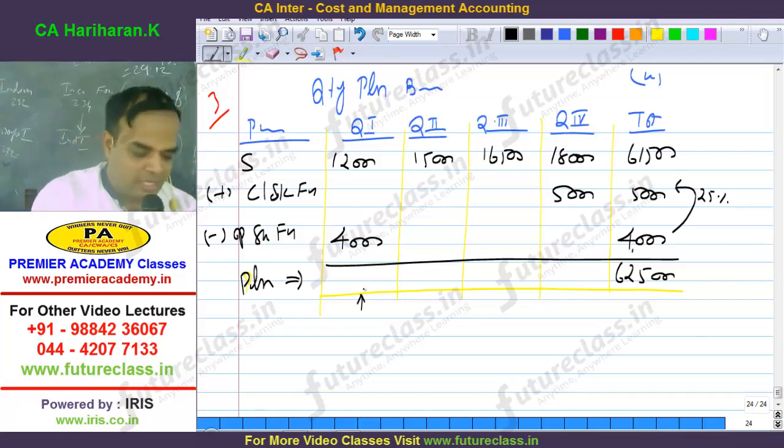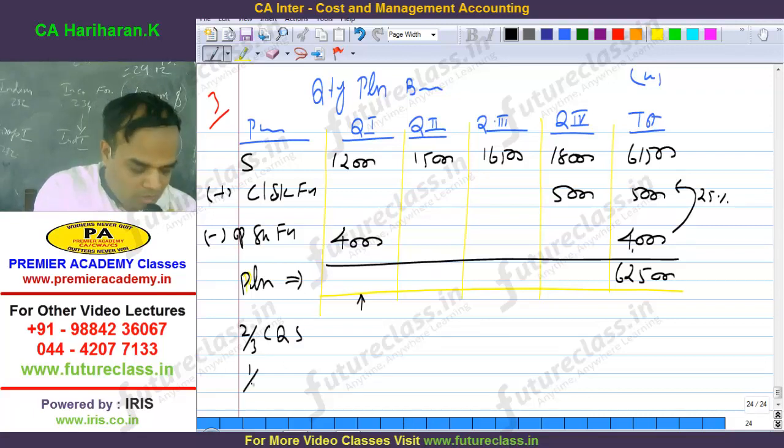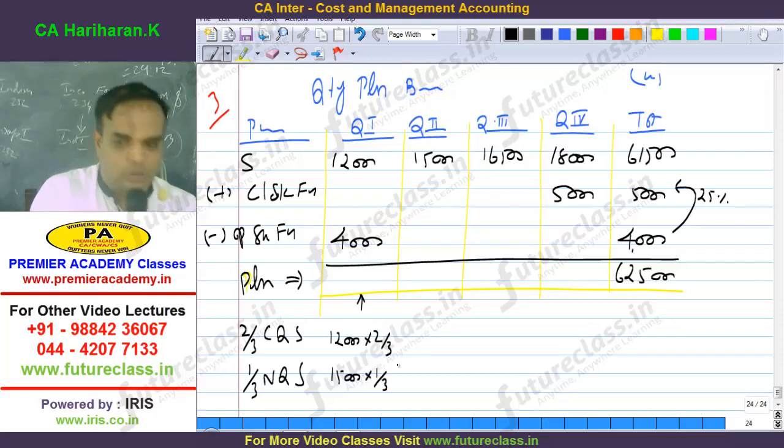Now, the production schedule is given with respect to what? 2/3 of current quarter sales and 1/3 of the next quarter sales is equal to production for the respective quarter. Therefore, 12,000 into 2/3, 15,000 into 1/3 is equal to production.